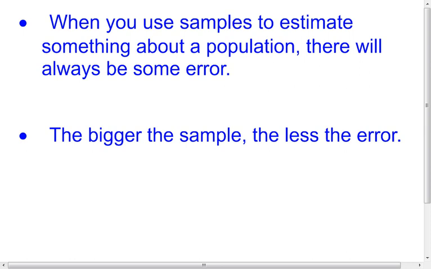Okay, when you use samples to estimate something about a population, there will always be some error, always. If you're only choosing a subgroup, it is never going to perfectly match the actual population. But the bigger the sample, the less the error. The bigger the sample size you use, the closer you are to getting to the actual truth about an entire population, even just if you pick a subgroup.